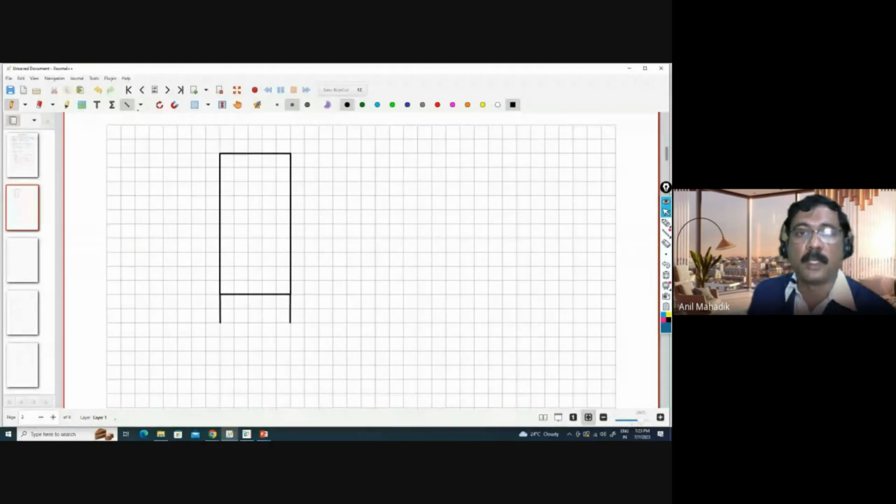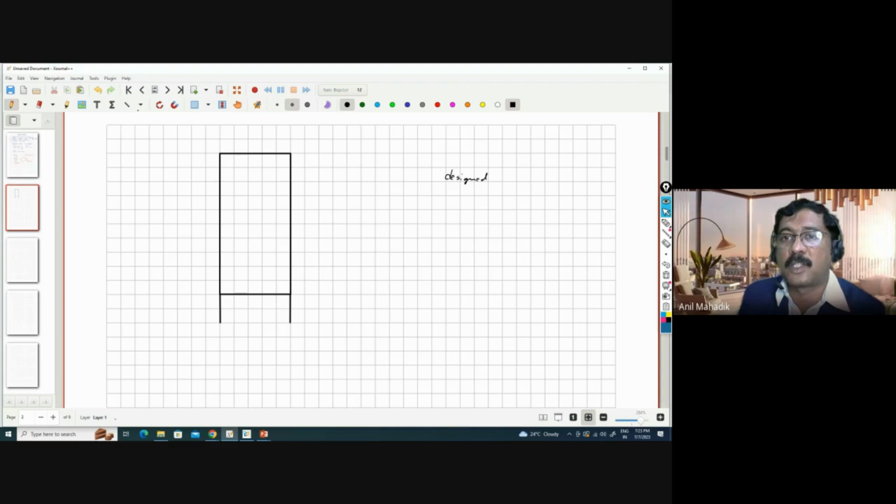Even though there is some error in the design, there is a possibility that the building stands. You know that there are many buildings in India which are not designed by structural engineers. Do you know unauthorized construction? There are unauthorized constructions in India which are not designed by structural engineers, like in villages or like that.